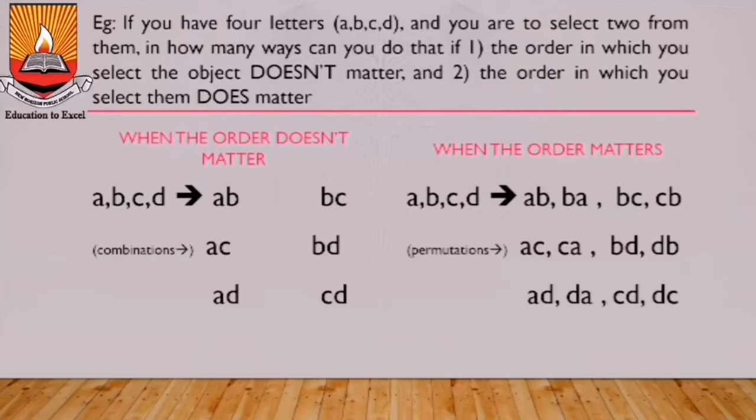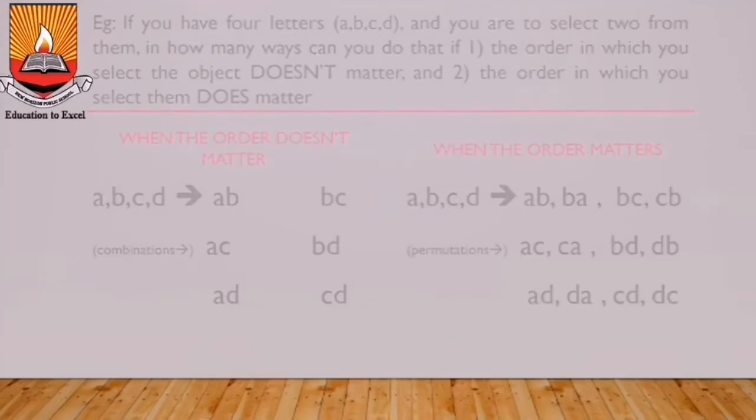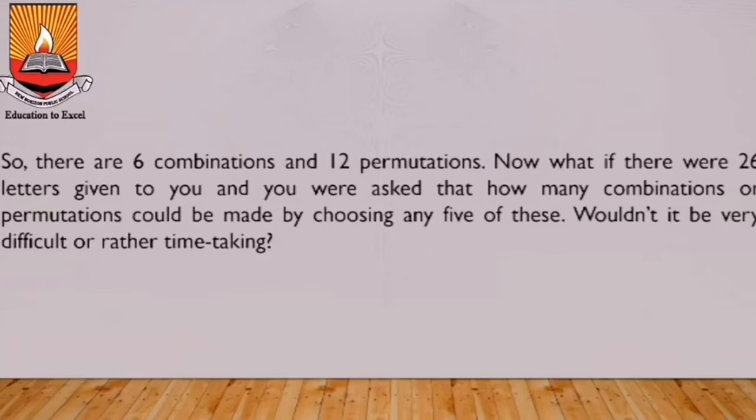AB is a combination, but BA is also one, because the order here does matter. So these are permutations rather than combinations, right? So we have AB, and for that we have BA. For BC we have CB. For AC, CA, and so on. So as you can see, we have 6 combinations and 12 permutations, isn't it?